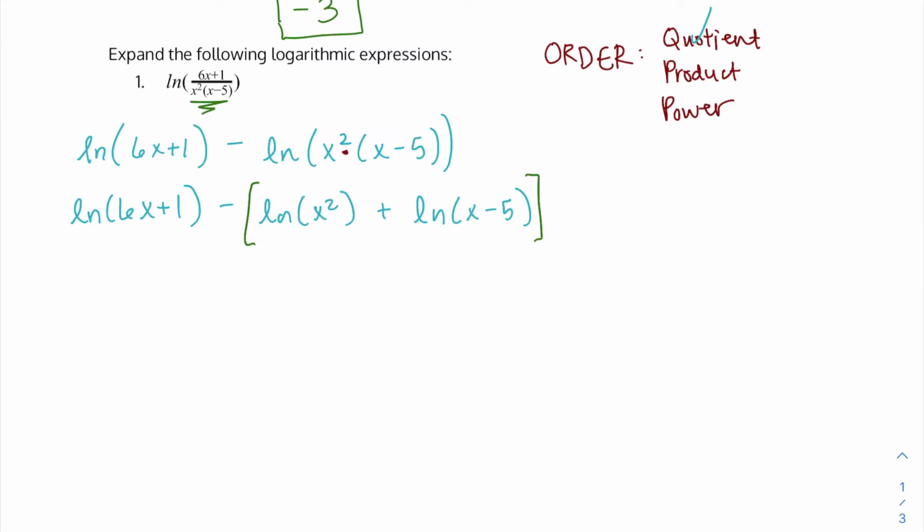If I didn't have those brackets there, if I were to recondense, I would end up with this, right? The x minus 5 would end up in the numerator, which is not what we started with. Okay, I like to leave the brackets there.